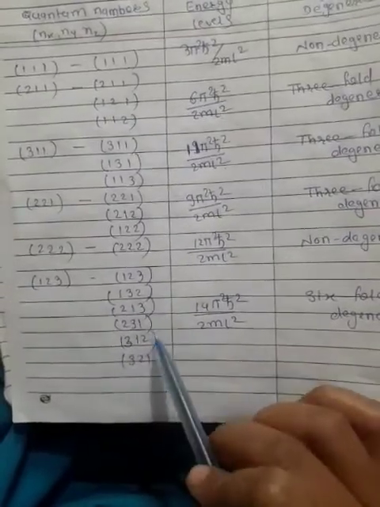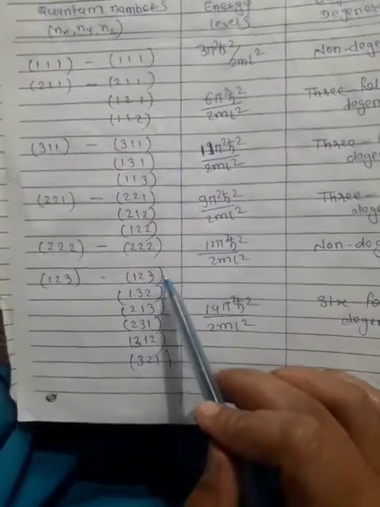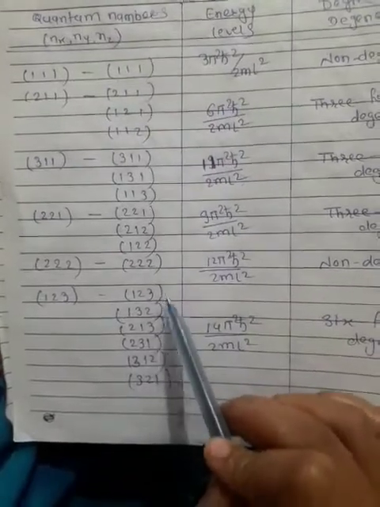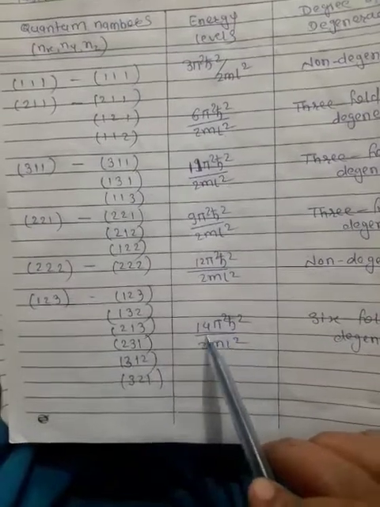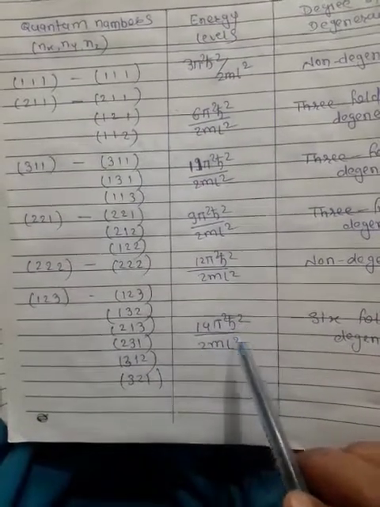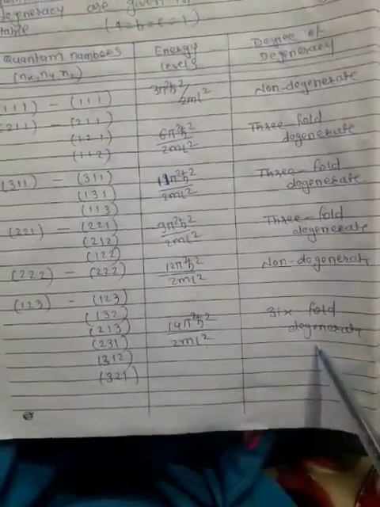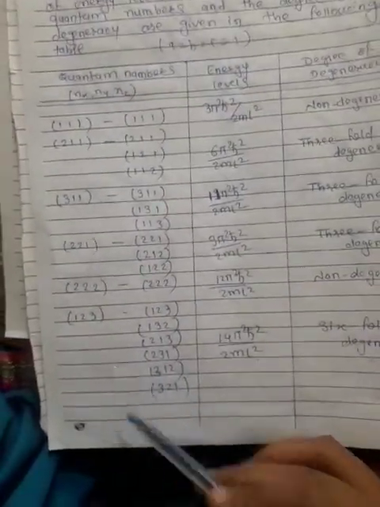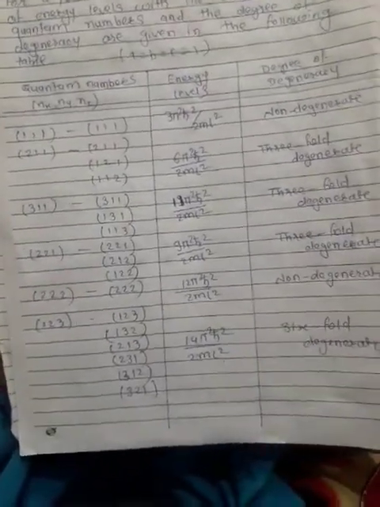In this way we get six different states, and hence six different wave functions having the same energy, 14π²ħ²/2ml². Therefore it is called sixfold degenerate. This is the degree of degeneracy. In this way we can find the different quantum numbers having the energy and the degree of degeneracy.